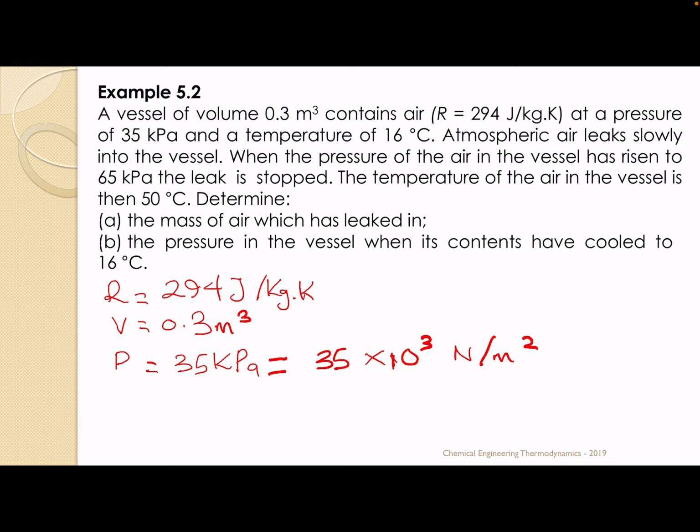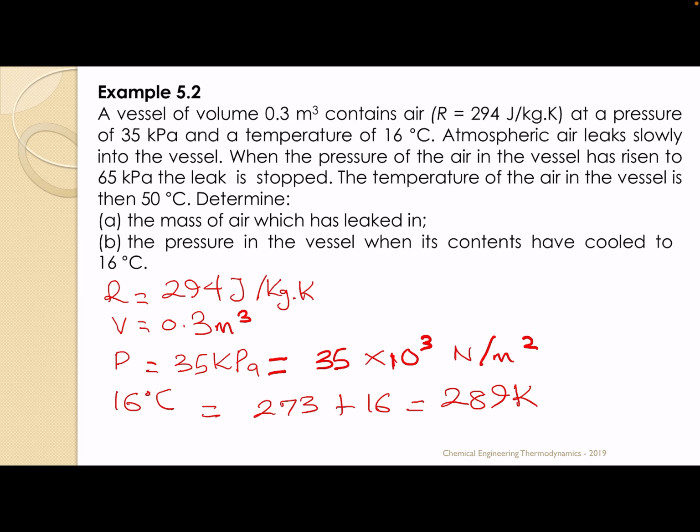So we've got that. At a temperature of 16 degrees C, that will be 273 plus 16, which is 289 Kelvin. So we've gotten that.